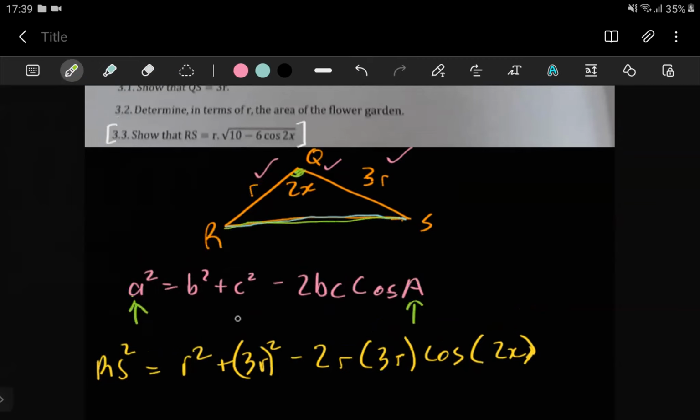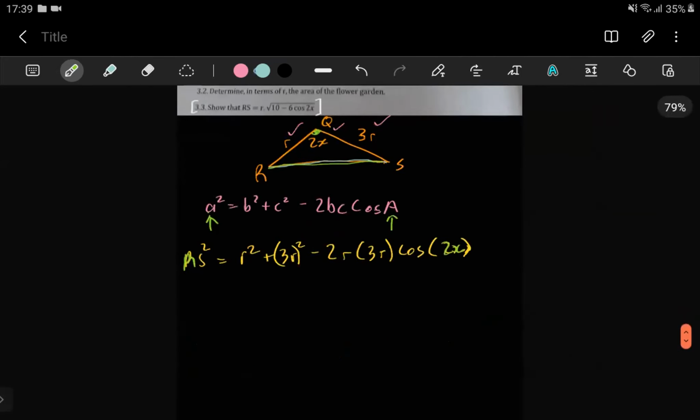As long as you can put these two, the rest will go inside. So already you know that your angle is always going to go with the opposite side. That's why here you're seeing rs, and here you're seeing the angle 2x. Those are the only things you look for. The rest will just be 2.